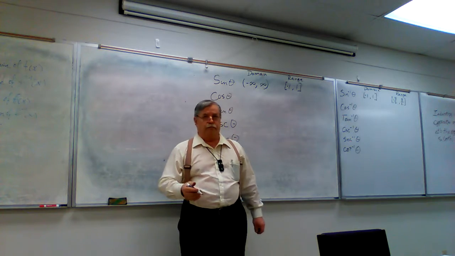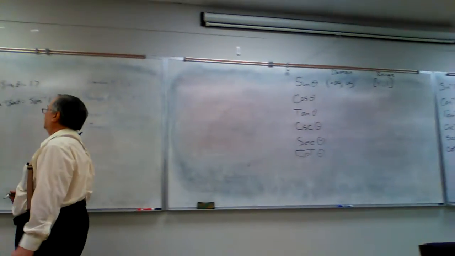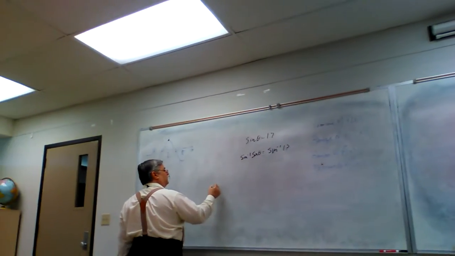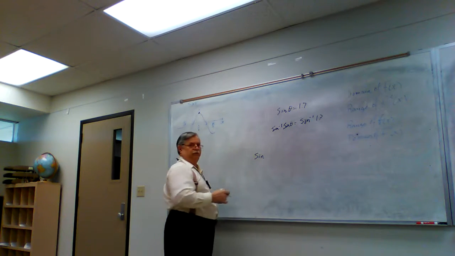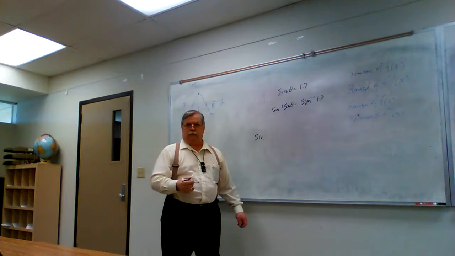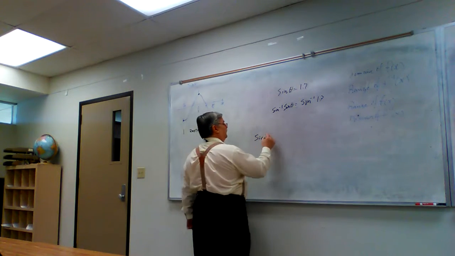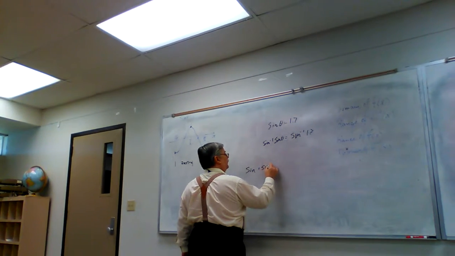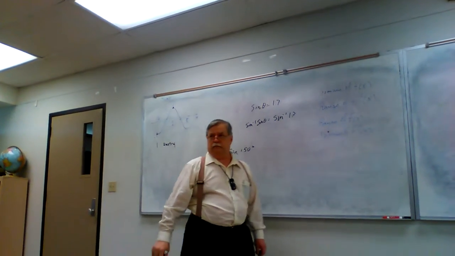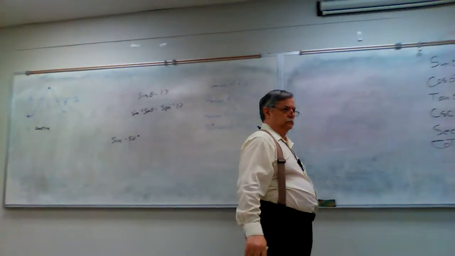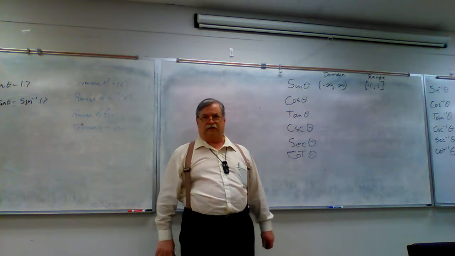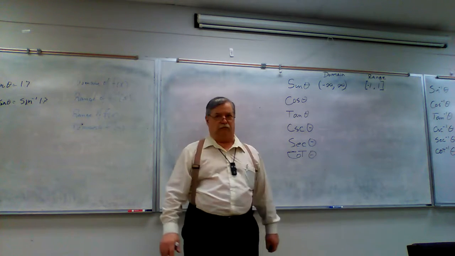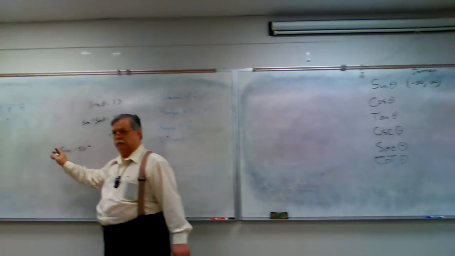Give you an example. Somebody get out your calculator and take the sine of 150 degrees. Got a half. Take the inverse sine of the half. And does it give you back 150 degrees?